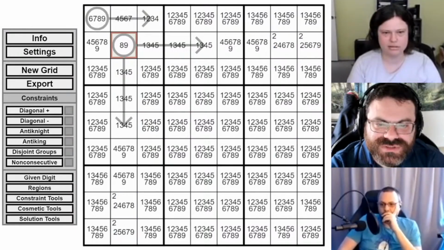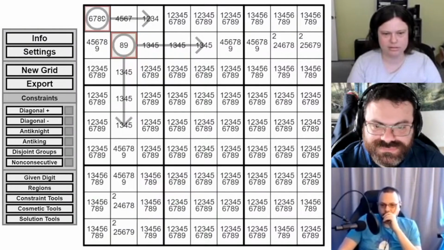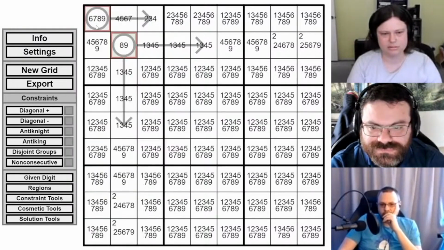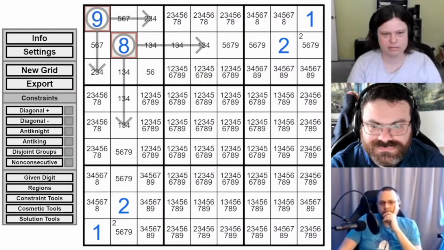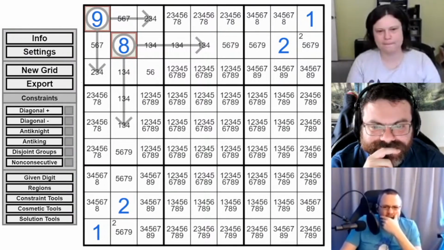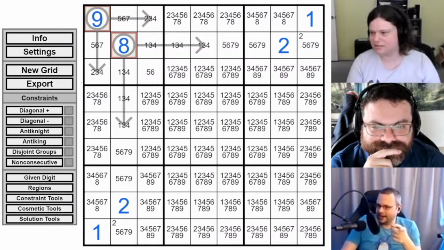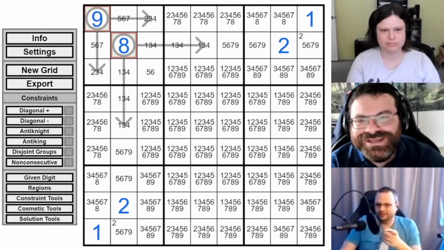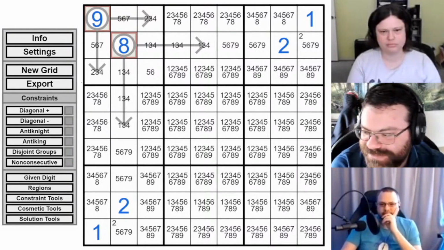So if I did this, what happens? That gives us a bunch. That's interesting. That is a surprising amount, and also the fact that it put the 9 not on the long arrows is surprising. Yeah, that's surprising.